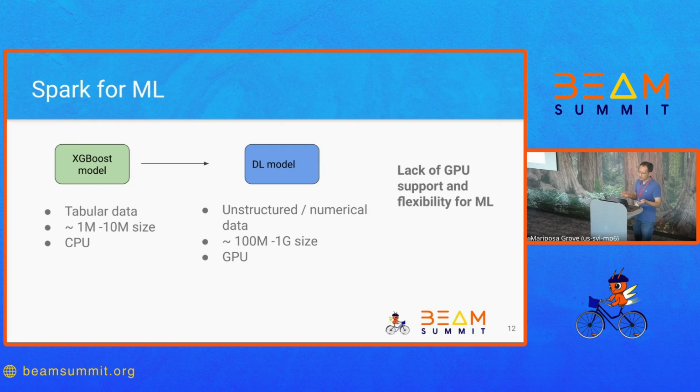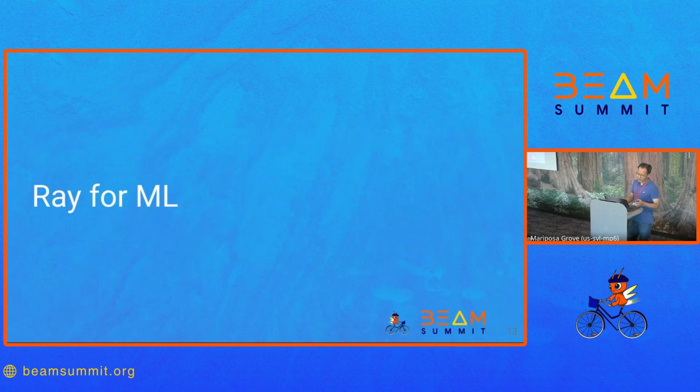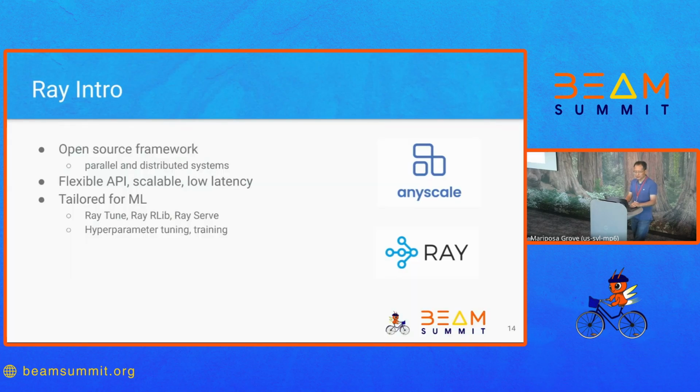But with Spark before 3.0, the support for GPU and resource management was insufficient, and it was also not flexible enough to adapt to the rapid development of machine learning. So we started looking at Ray, and think Ray is a better fit for machine learning applications.